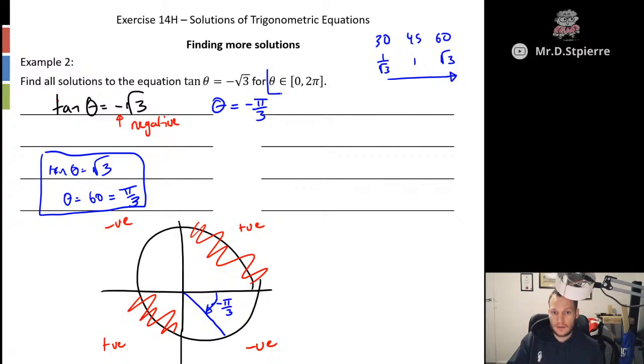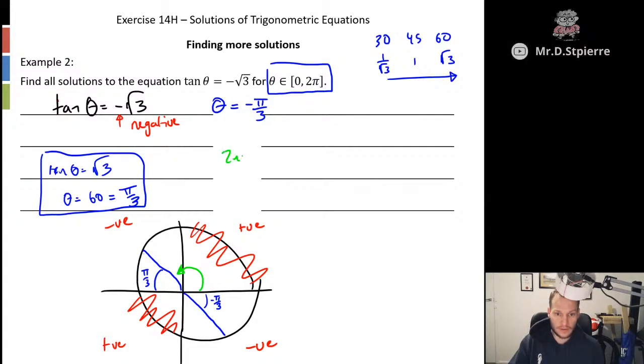But we need to be between 0 and 2 pi, and so we can't have that. We know it's going to be there. That up there is pi on 3. I will leave that there for a second. Okay, so that pi on 3 is actually going around 2 pi on 3, which to prove to you.